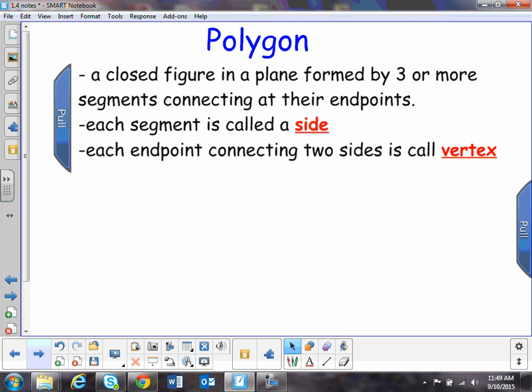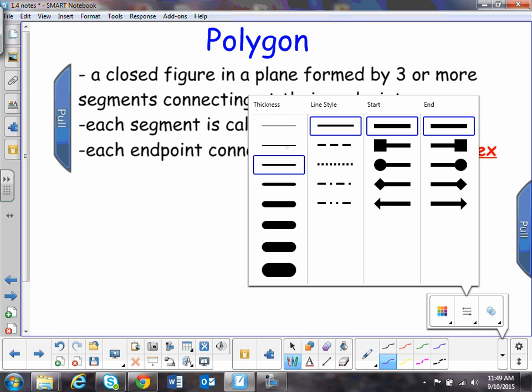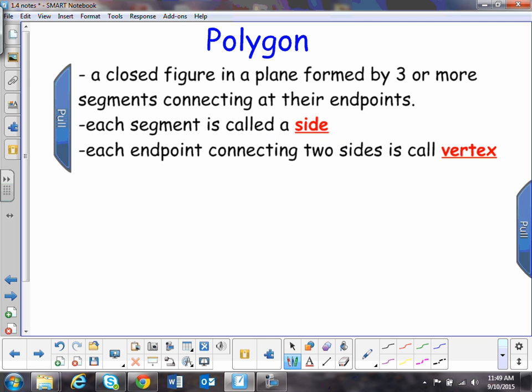And then the endpoints that connect the two sides, those are called a vertex, and the plural form is called vertices. That's the plural form. So if you hear me say vertex or vertices, you know what I'm talking about.